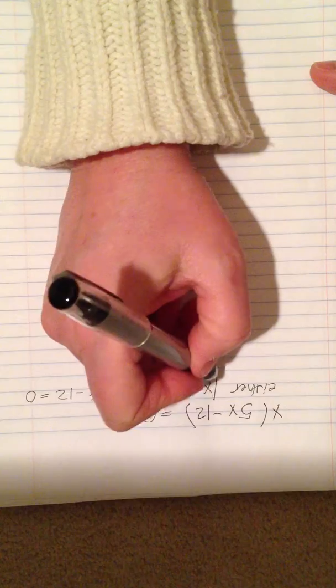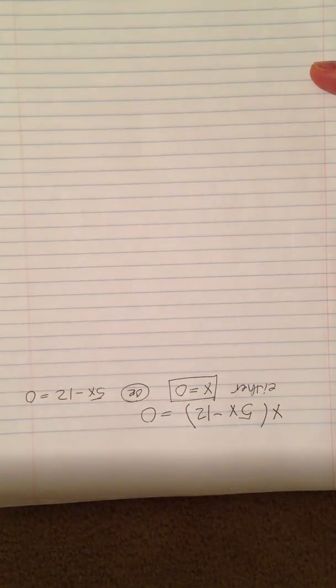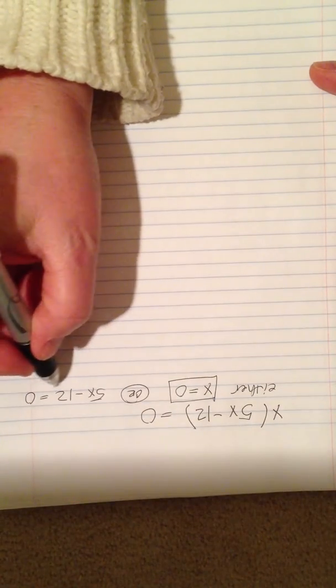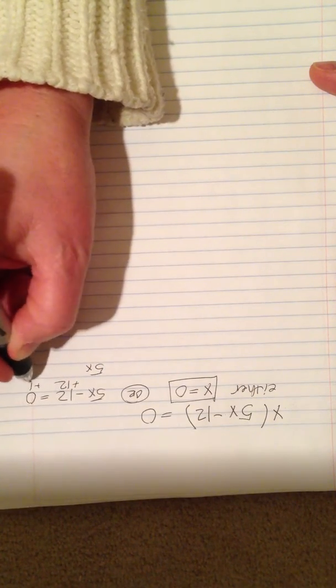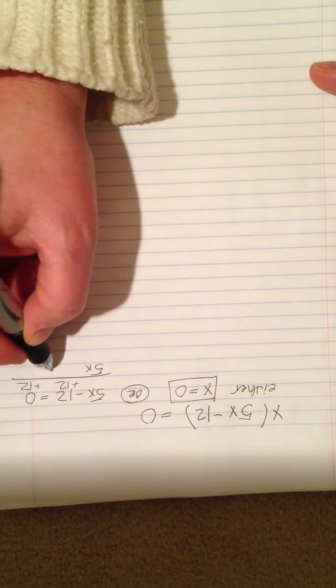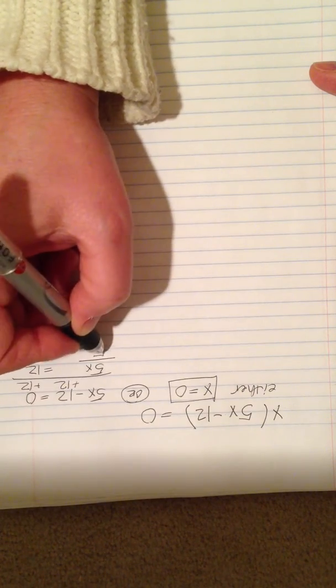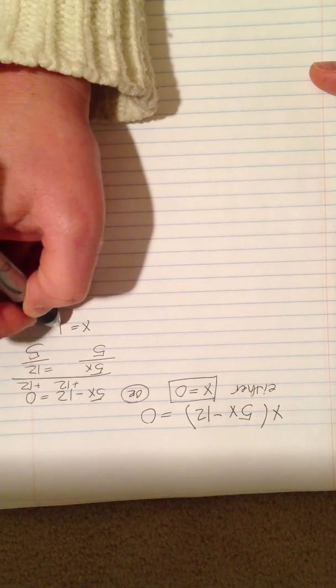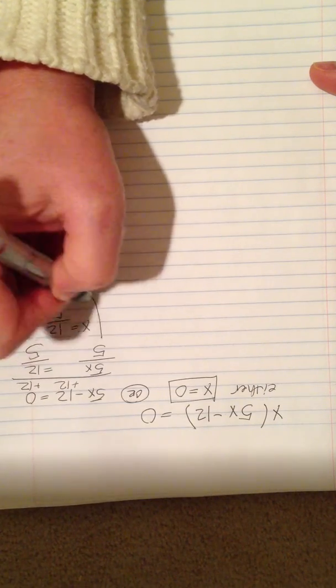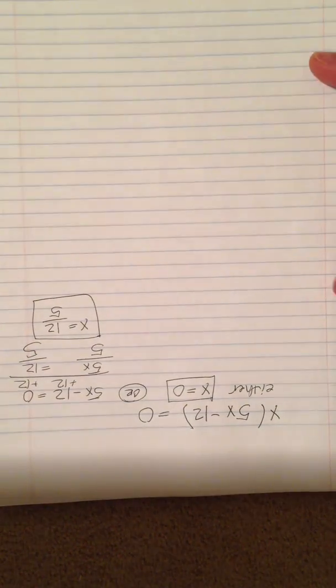So, x equals 0 is one of our solutions, and to solve for the other, we'd say 5x, I'll add 12 to both sides, and then we divide by 5. x equals 12 over 5. That's not a very pretty answer, but that's the right answer, all right?